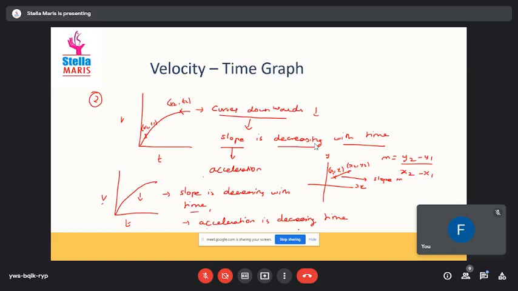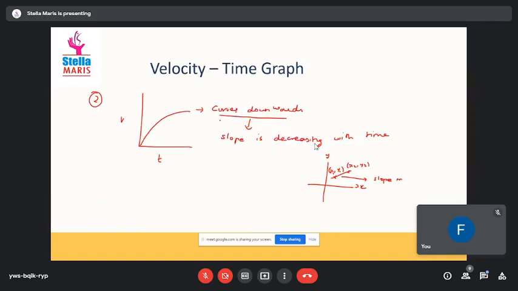You all clear with this? Yes, sir. Okay, so what happens to velocity? I think Auxilia, you just said velocity decreases, no? Yes, sir. Okay, I'll explain it again. Because of this curve, you said the velocity is decreasing.